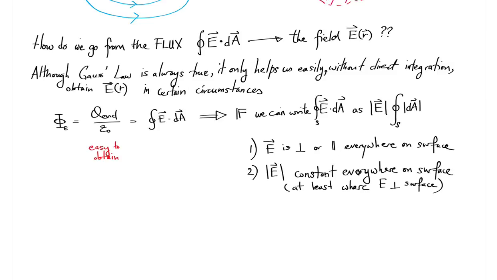If E is parallel to the surface, then this dot product is 0 anyway, so you don't care what the magnitude of E is, because there is no field passing through any part of the surface where it's parallel.